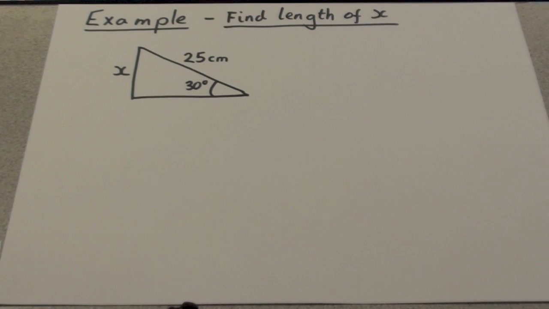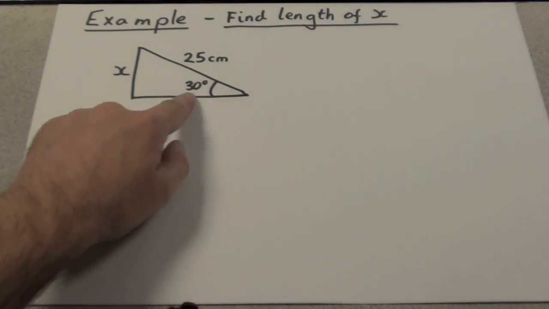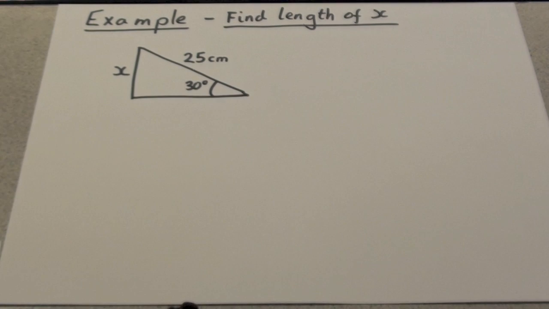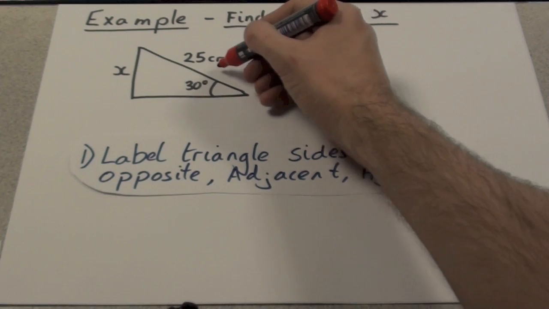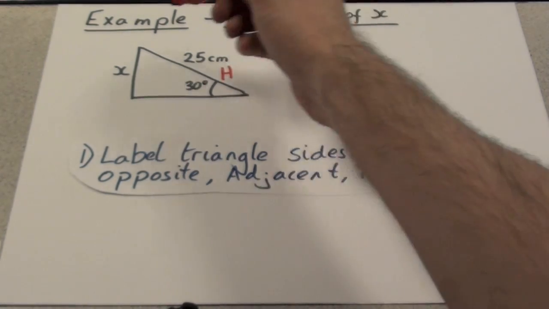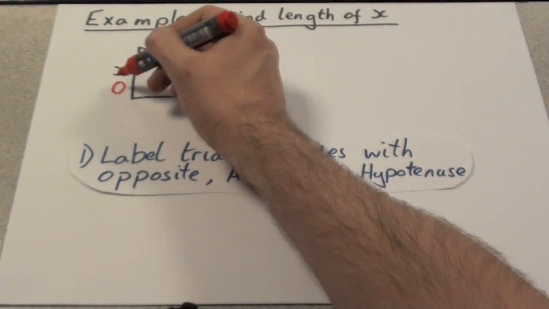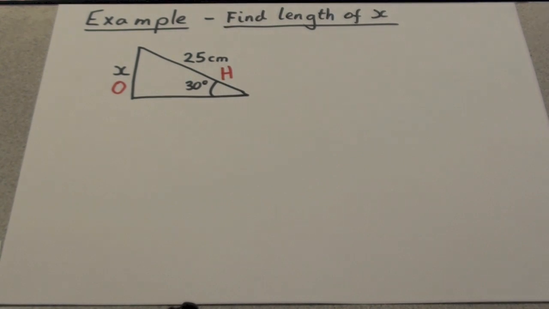In this example, we're going to find the length of x. We've been given the angle 30 degrees and the hypotenuse of 25. Step 1: label the sides with opposite, adjacent and hypotenuse. Here's my hypotenuse. Here's the opposite, as it is opposite the angle of 30 degrees.